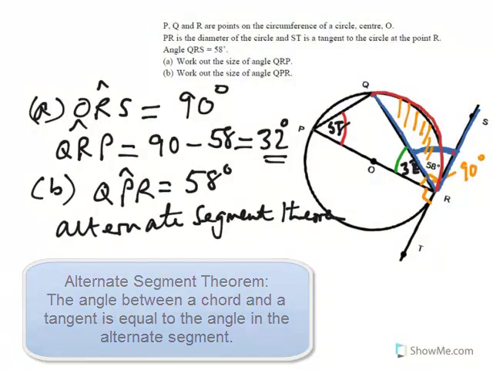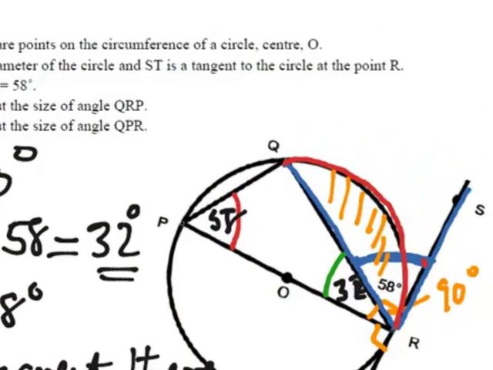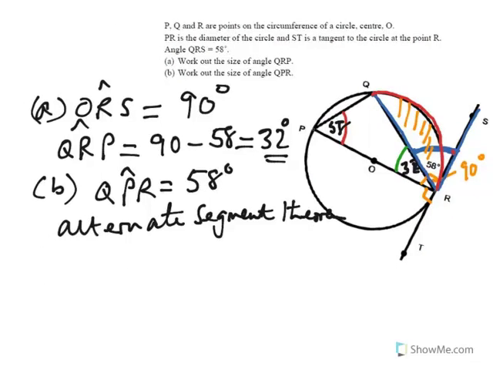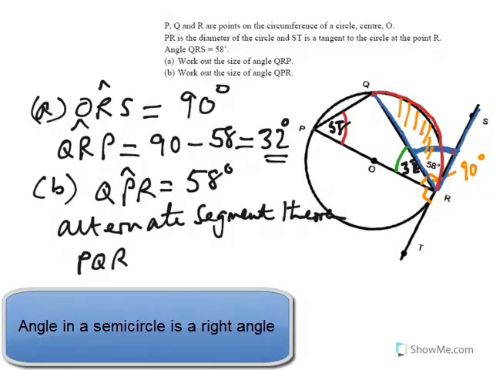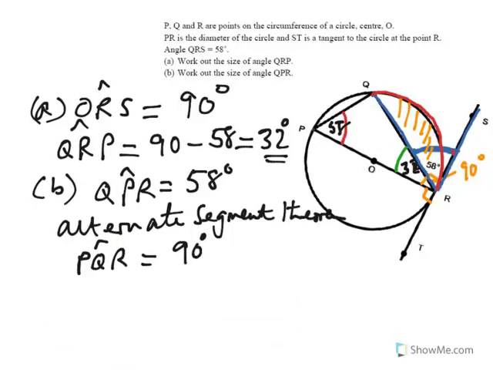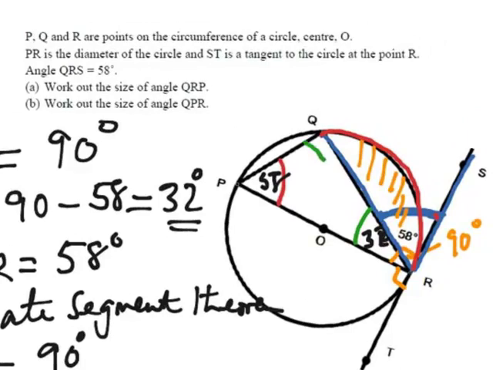Well, since PR is a diameter, there's an angle there that is in the semicircle. And the angle in the semicircle is PQR. An angle in a semicircle is 90 degrees. So this angle here is 90 degrees.